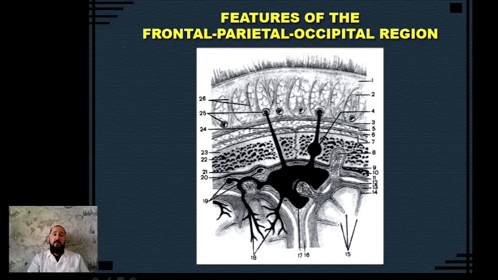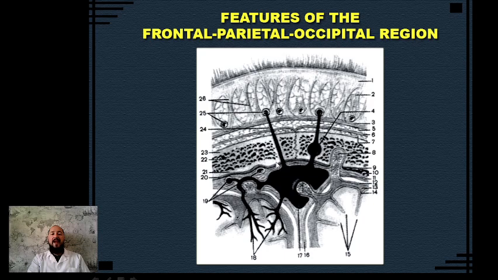What about the diploic layer? It also contains blood vessels, not arteries, veins. And in case of injury, there could be bleeding from the diploic veins. What about the internal layers? After the bone, we have a dura mater.